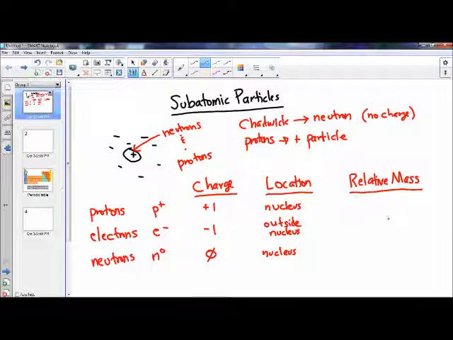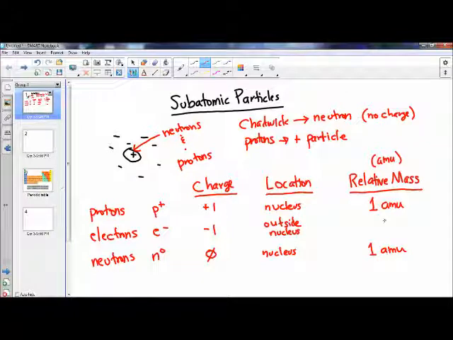And that unit is called the atomic mass unit, or AMU for short. Now initially, protons were thought to be exactly 1, and neutrons were thought to be the same size. So we refer to each of these as 1.